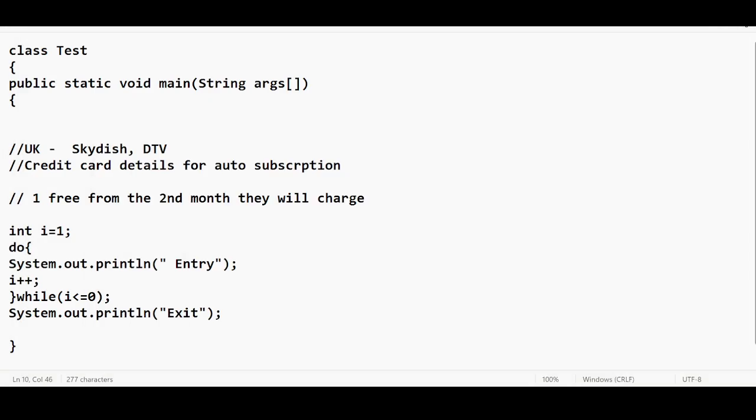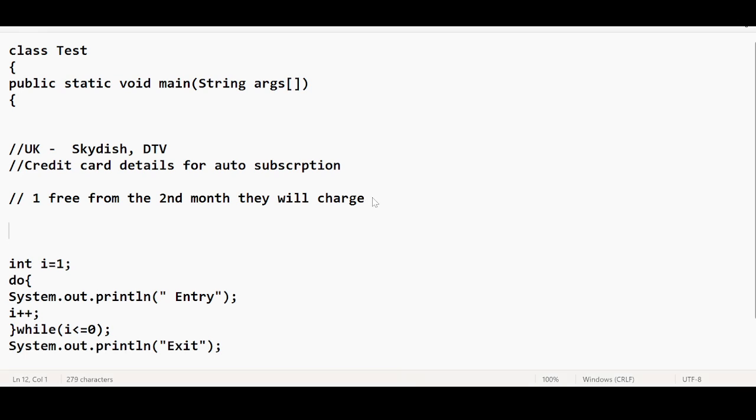Okay. First month it is going to be free. From the second month they're going to charge you, right? But Netflix is the famous online subscription network. They don't offer customers anything for free.